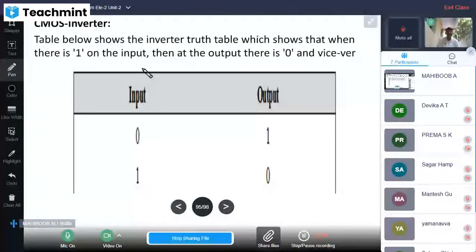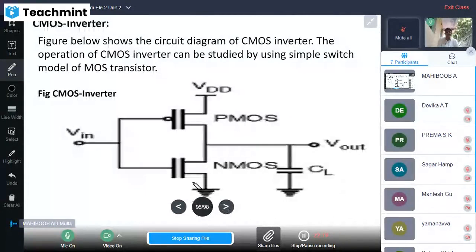Now the CMOS inverter, the last one in the table. Inverter means input is 0, output is 1. Input is 1, output is 0. This is the connection for PMOS, this is NMOS. CMOS means complementary. One gate is made up of PMOS, another is made up of NMOS.